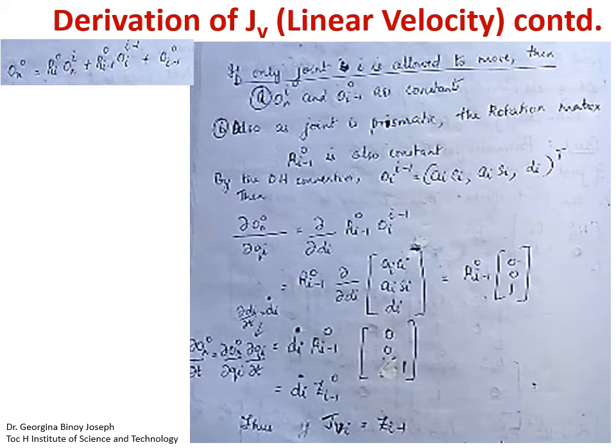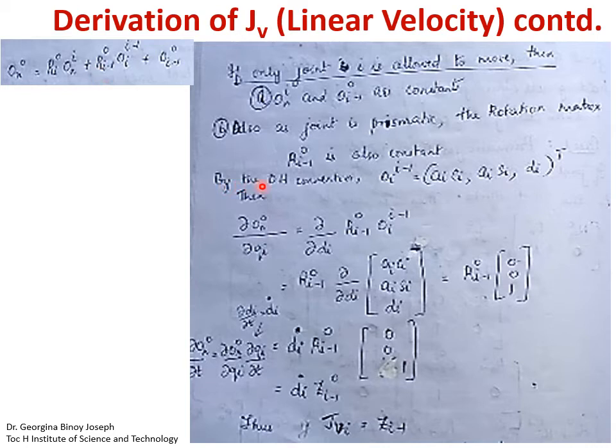So this and this are constants. Also, as we are considering prismatic joints, there is no rotation for a prismatic joint. So the rotation matrix up to the ith joint is also constant.